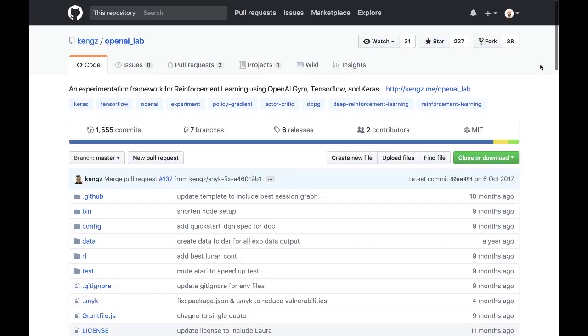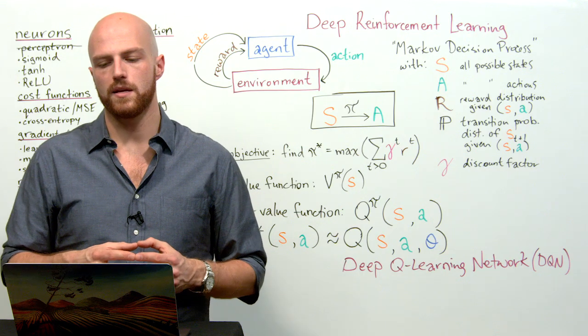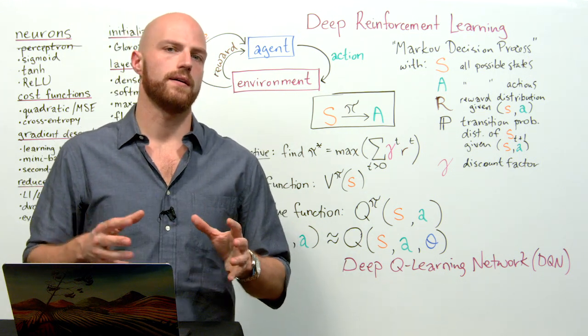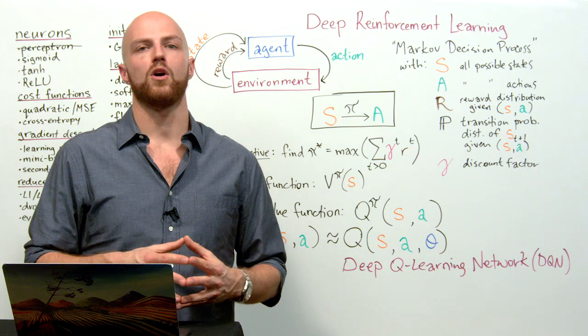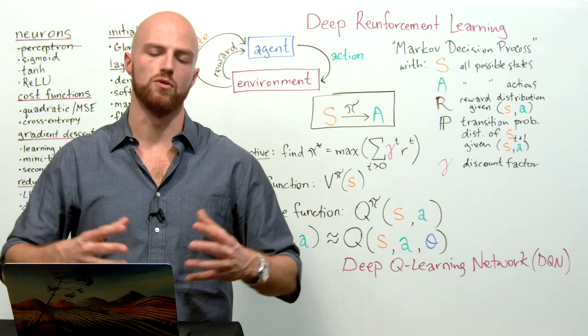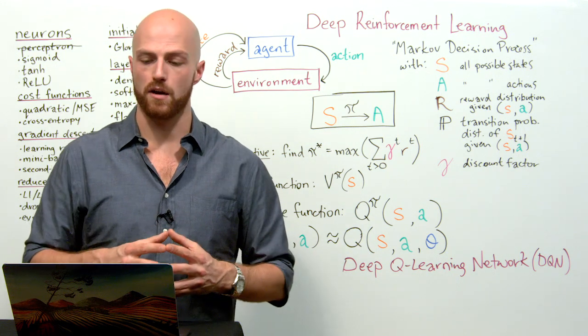This lab was developed by Kang-Hwa Loon and Laura Gracer. Both of them are based in New York, and they're working on a new library at the time of recording called SLM Lab that will follow on as kind of like a version 2 from their OpenAI Lab. So keep an eye out for that.